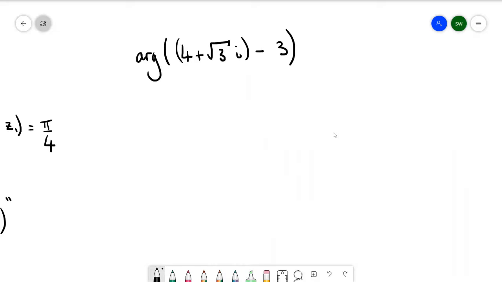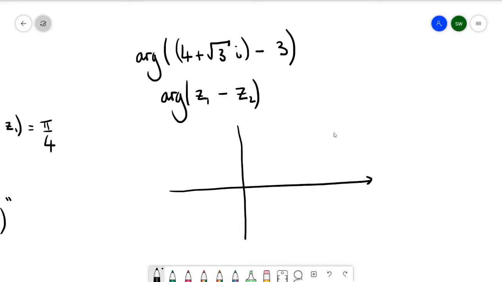So let's just check that we understand what we've just done. I know we could simplify what's inside the bracket, but let's think about this as the argument of one complex number minus another complex number. So let's sketch this in the Argand diagram. We've got one point which is 4 plus root 3i. So that's our point z1.